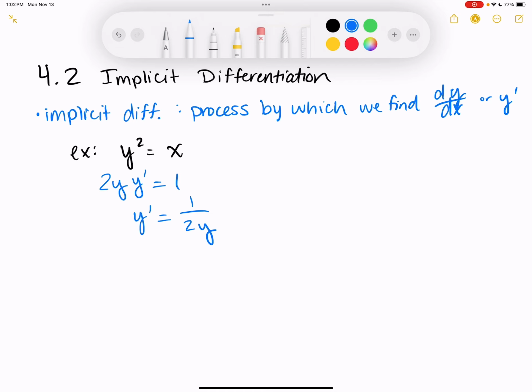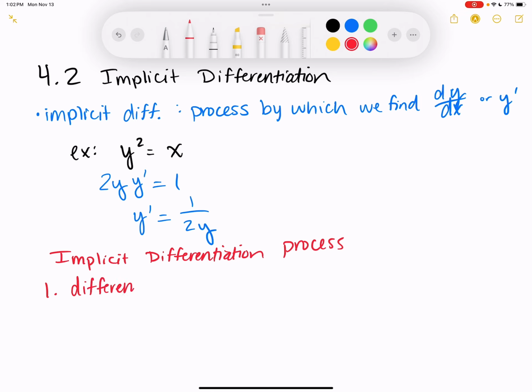So, the process, because, gotta love a good process. The implicit differentiation process. First, differentiate both sides of the equation with respect to x.